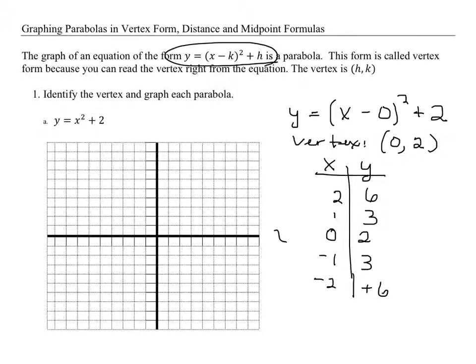So I need an x and a y here. Let's graph the vertex first, which is 0, comma 2. 1, comma 3 is the next point. Negative 1, comma 3. And then 2, comma 6.